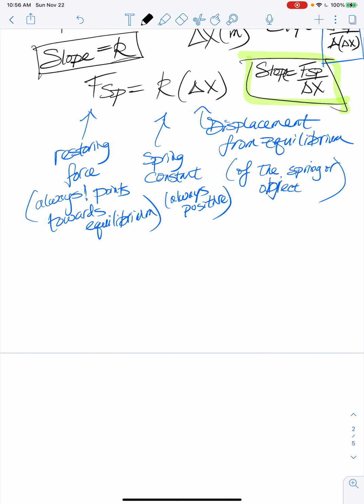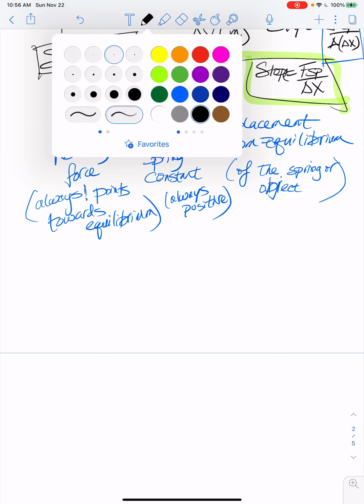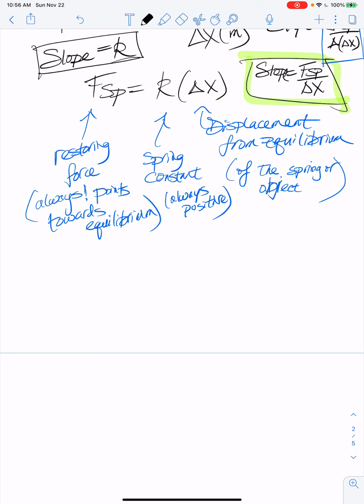Another way that this is written in the textbook is like this. Let me rewrite this. Because I think on the AP test, this is the formula you get. I'm pretty sure it's on the formula sheet for Hooke's law.